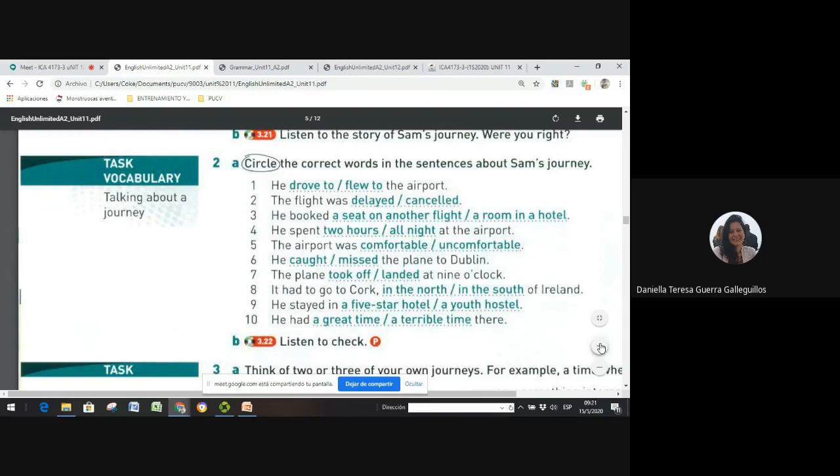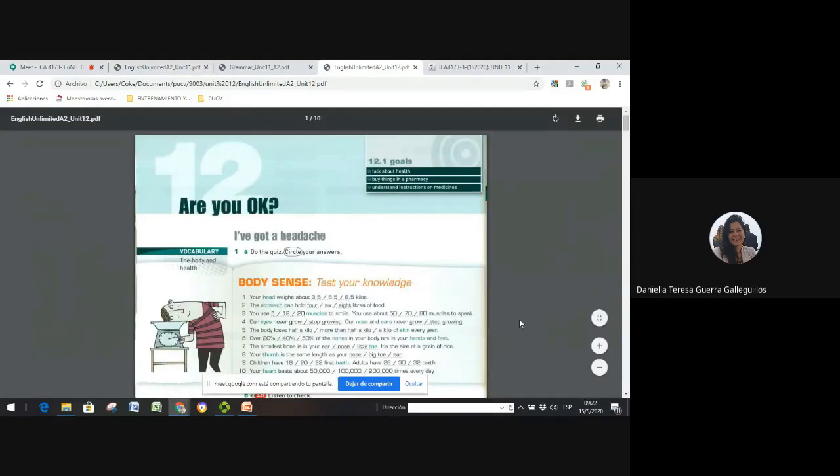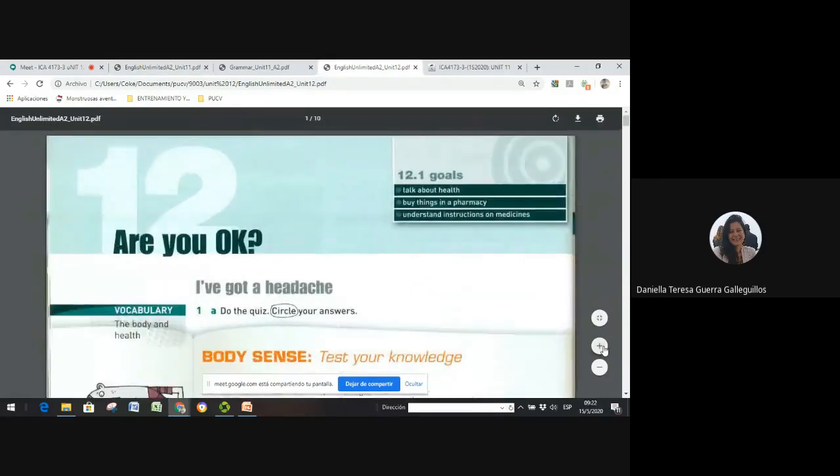That is something from English too. And so you're going to refresh it and put it in a story. What you're going to be doing with this information in the achievement test, you're going to be telling a story about an experience at the airport. All right? Then in Unit 12, se me olvidaron los números en inglés.